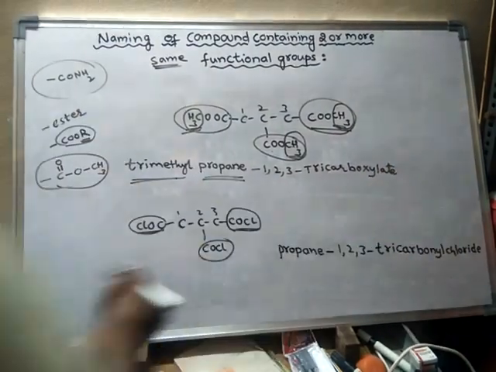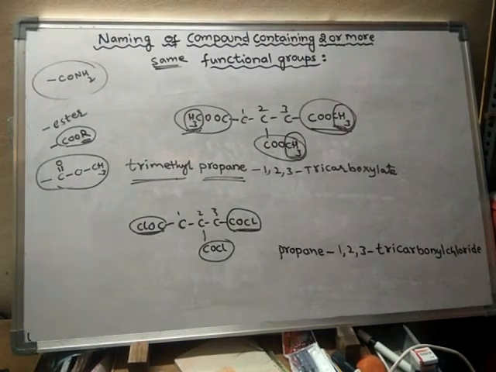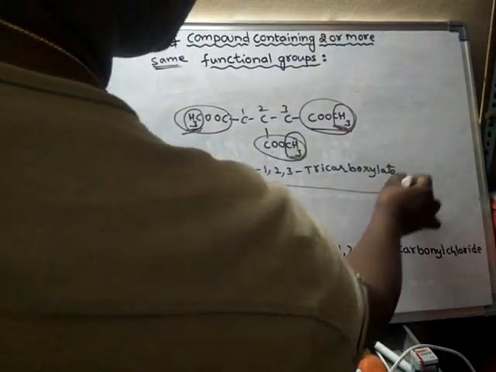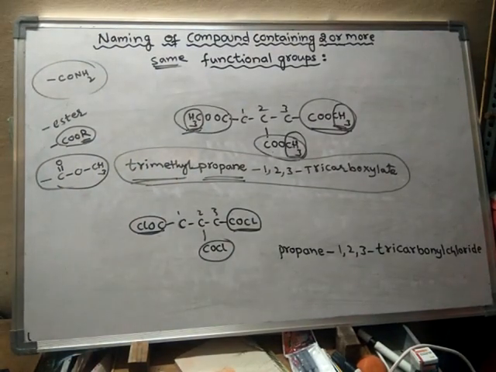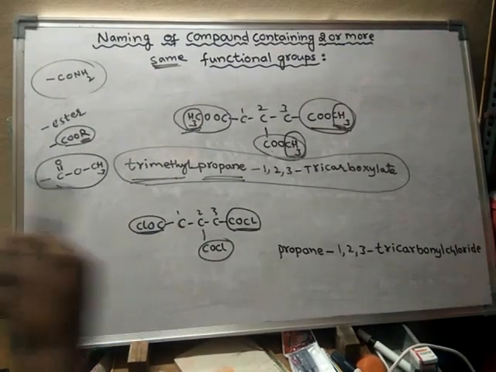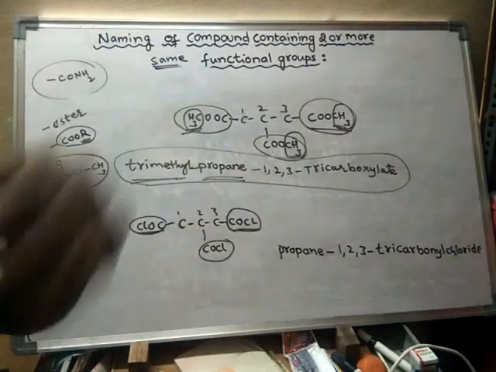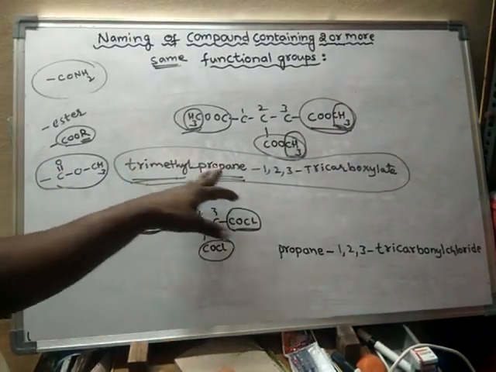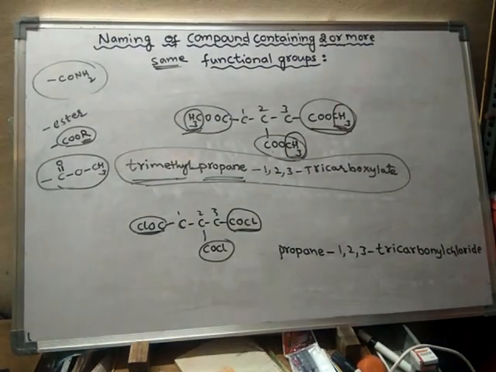So this is the IUPAC name of this compound. Trimethyl propane. Remember that this entire thing should be written in a single word only, because an IUPAC name should always be written as a single word, however long the name may be. Trimethyl propane 1,2,3-tricarboxylate. So this is the name of the compound.